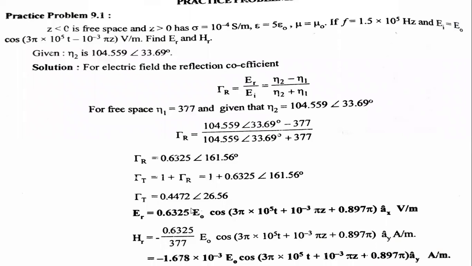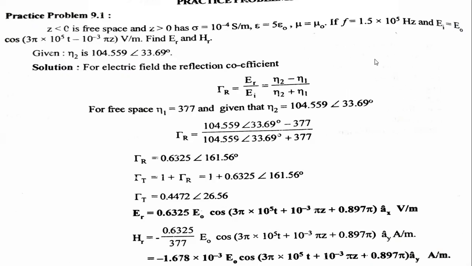Here the magnitude is 0.6325, which multiplies E0. Since EI is equal to E0, ER is equal to 0.6325 E0 cos of 2 pi 10 to the power 5 t, plus the term after this, pi z, plus the phase term that we got, 0.897 pi, in the z direction.